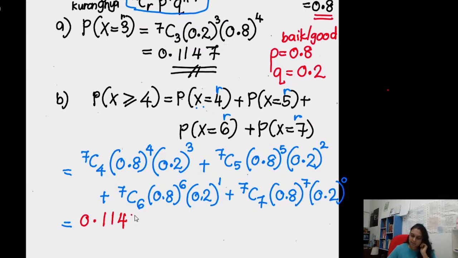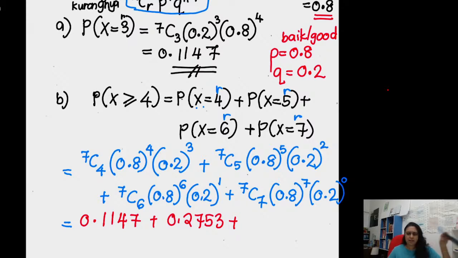0.1146. That means I write this as 0.1147. I bundarkan to 4 decimal place. 7C5 times 0.8 to the power 5 darab with 0.2 squared, I get 0.2753. Please do together with me, yeah. Don't wait for teacher's answer because you also must learn to key in your calculator.